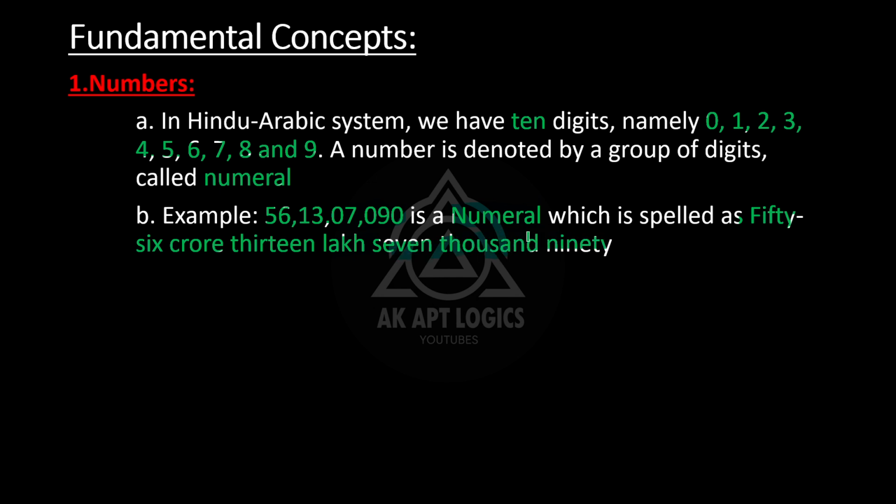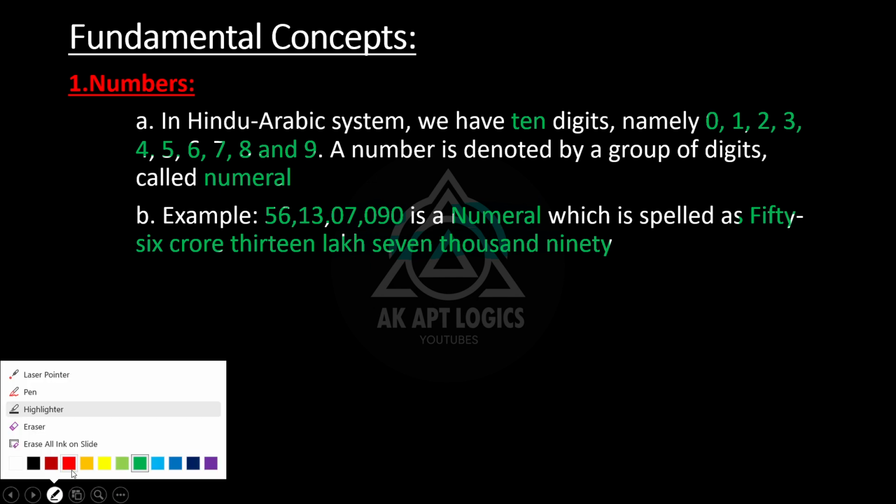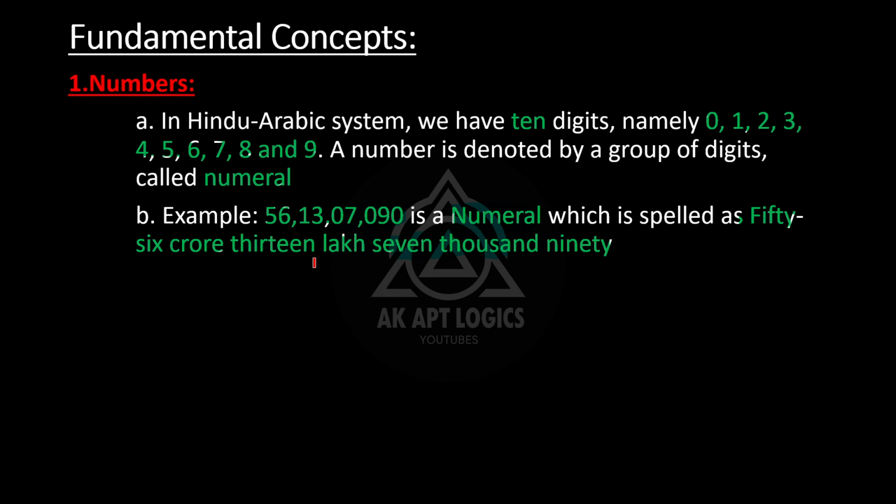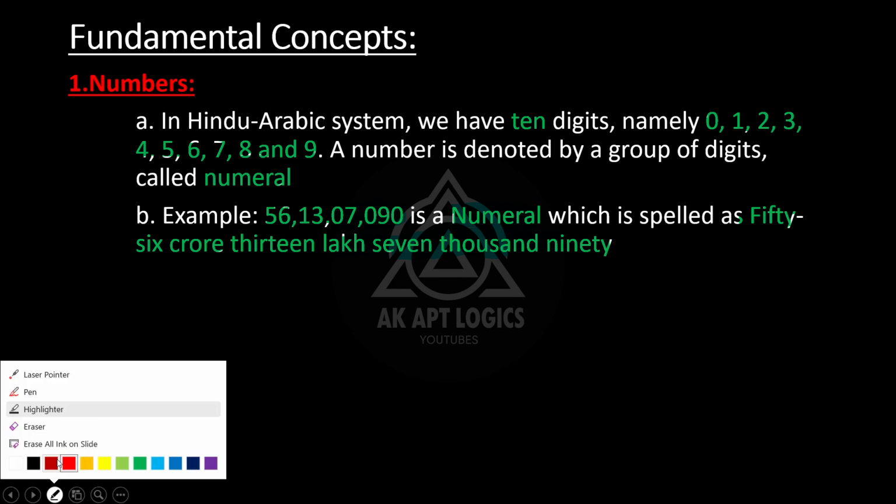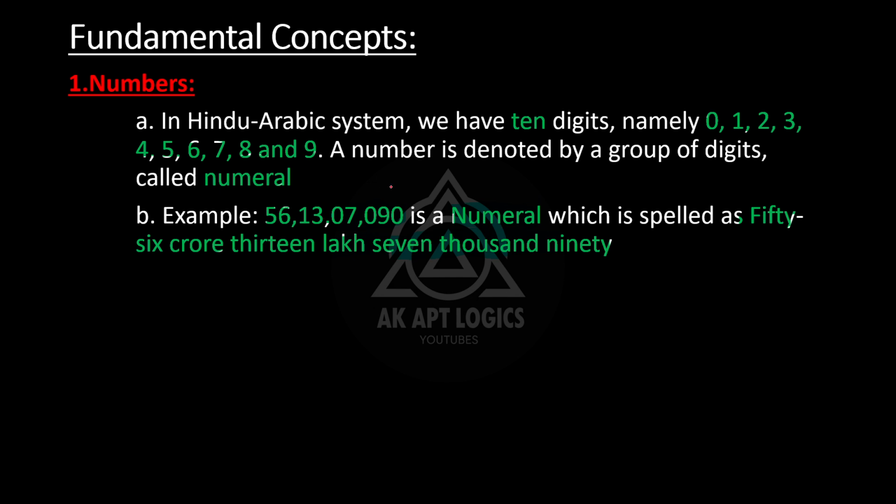This is based on the place values. For the zero, the place value will be 1. For 9 the place value will be 10.